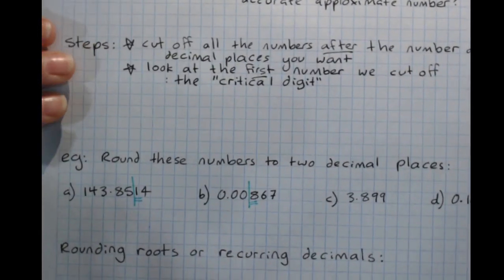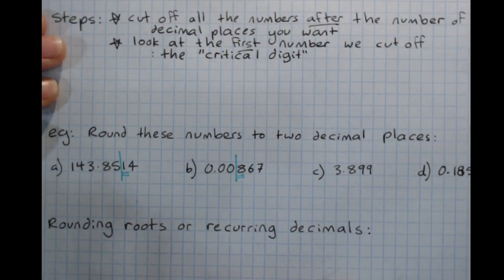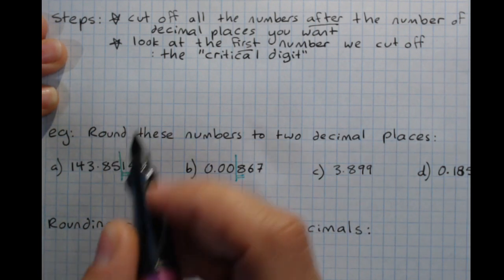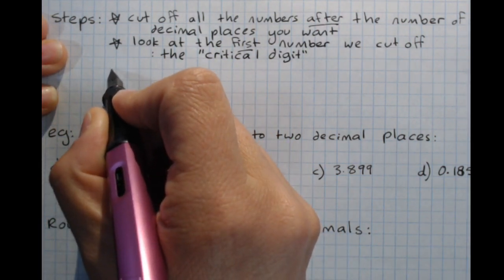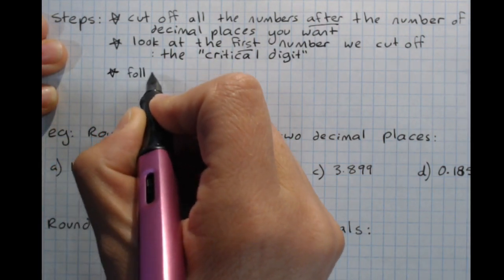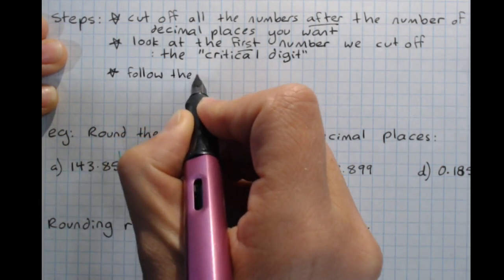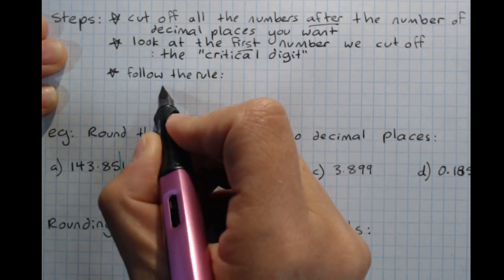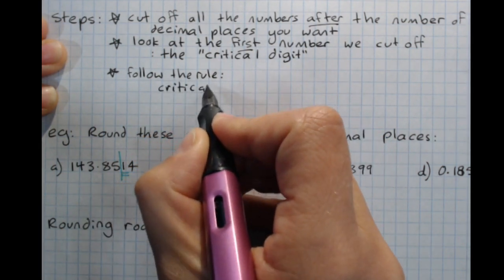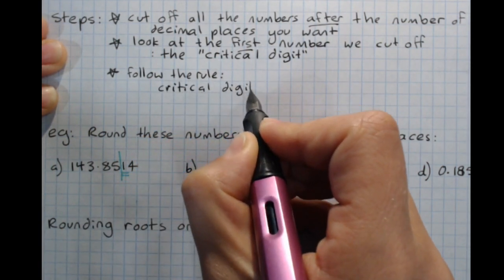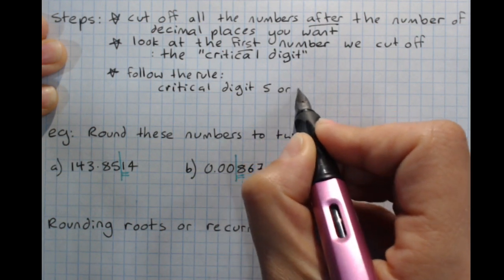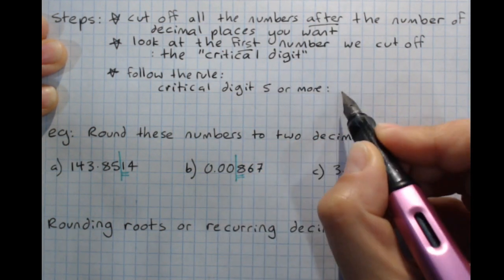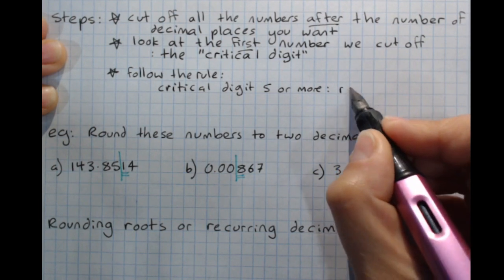So let's go back to our steps and write that last step. Follow the rule. If the critical digit is 5 or more, we do what is called rounding up.